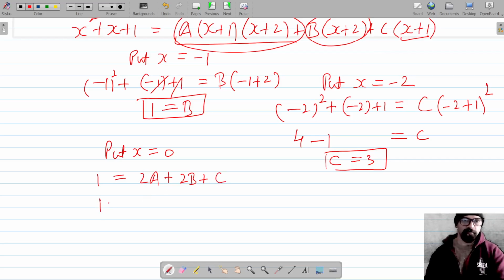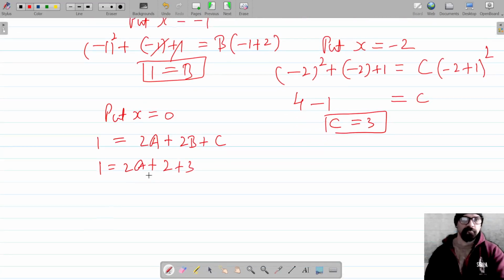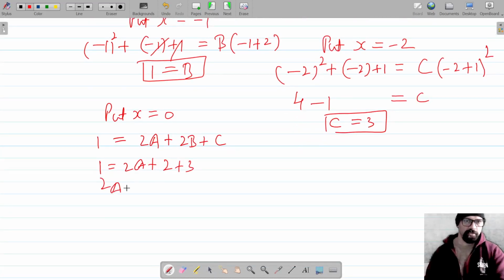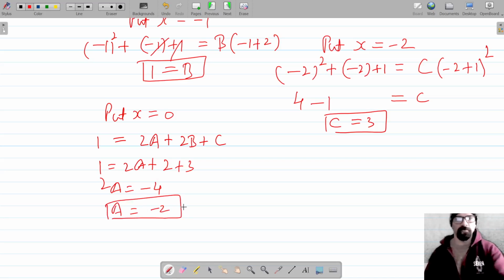Now let's put in the value of b, which is 1, and c, which is 3. This gives me 2a is equal to 2 plus 3 is 5, minus 1 is -4, and a is now equal to -2. So I have got the value of a as -2.